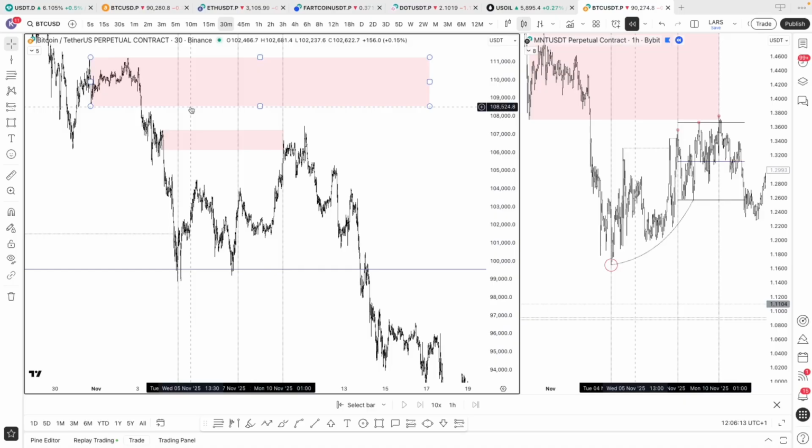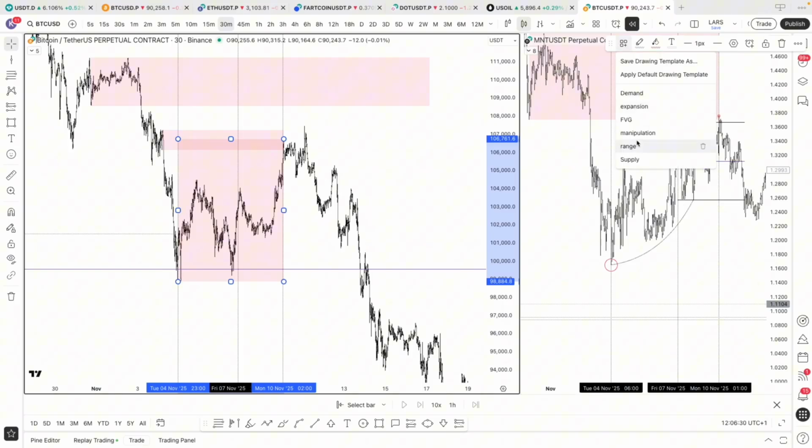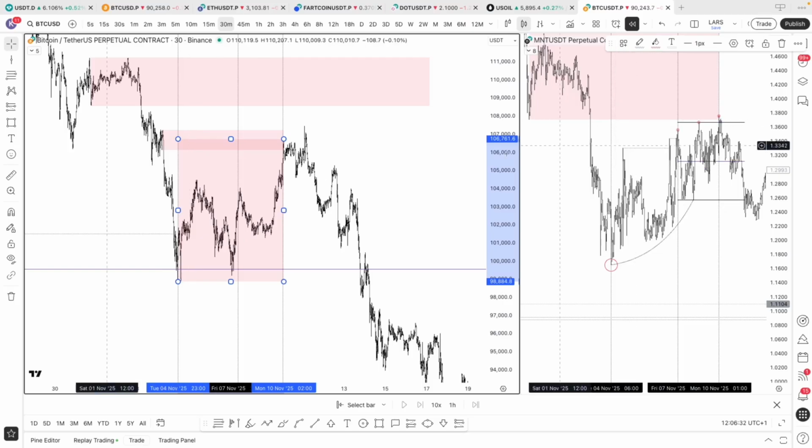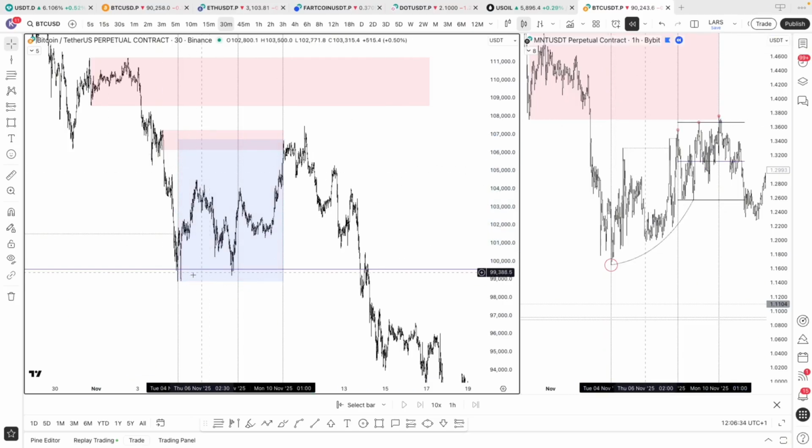We also have structure supply POIs higher up, which is very important to note. We have supply POIs higher up, but observing what price action is doing as the retracement is taking place, as the range starting point is taking place, and the third tap confirmation is present, we have Bitcoin moving up into potential resistance right here.